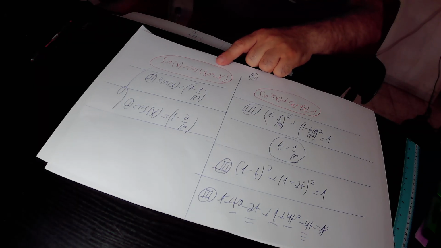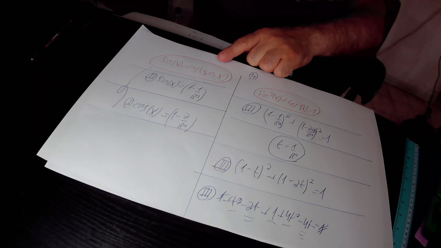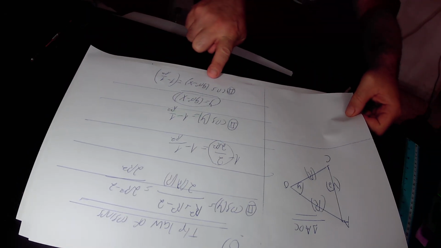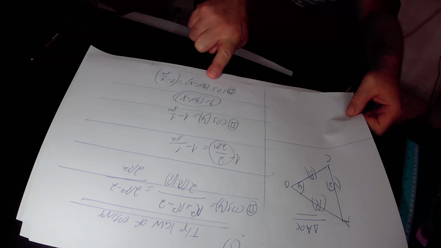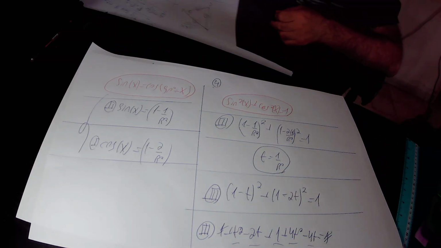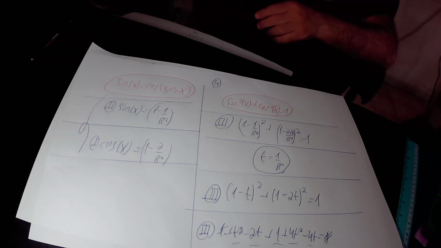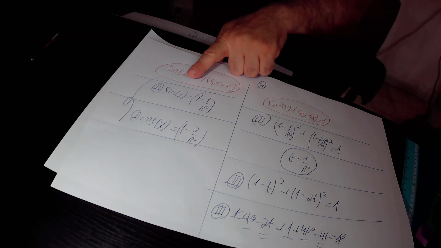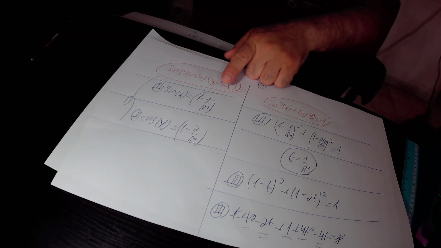So in equation 2 we have cosine (90 degrees minus x), therefore we substitute it by sine x. So sine x equals 1 minus 1 over r squared. This is according to equation 2.